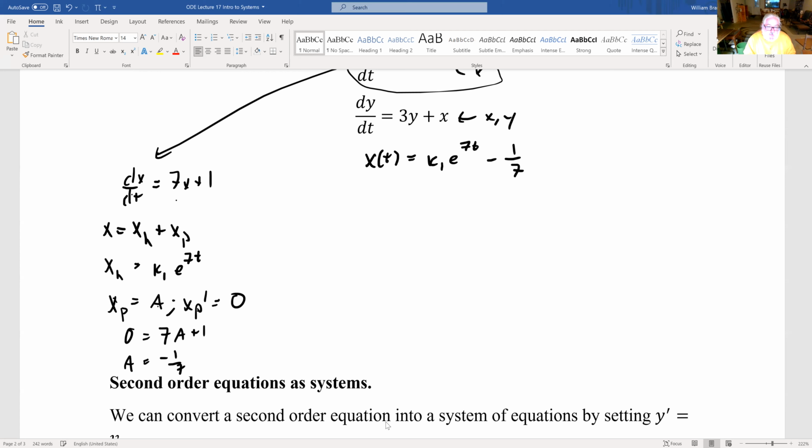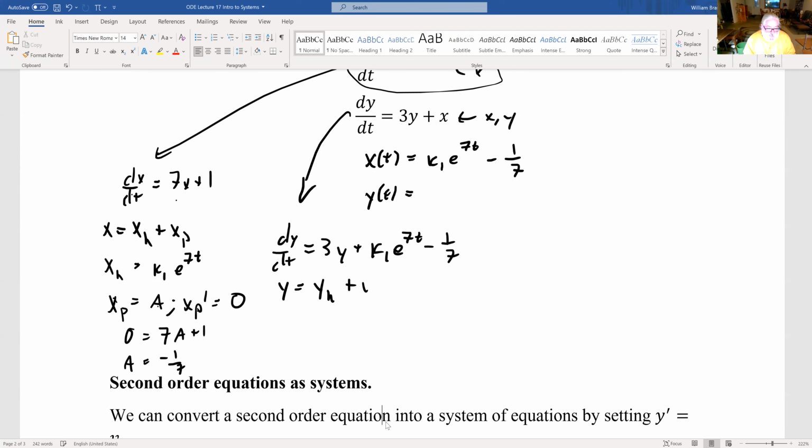Okay, what about dy/dt? We'll need a y of t here later. Well, dy/dt is 3y plus x, but now we've actually solved for x, so that's k1 e to the 7t minus 1/7. So what's y? y is going to be a homogeneous solution plus a particular solution.